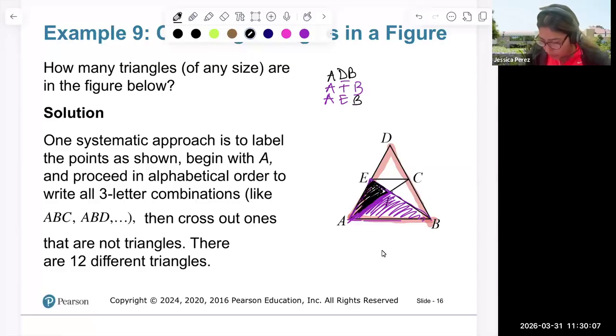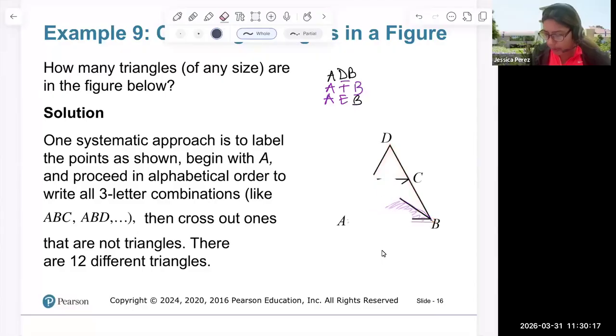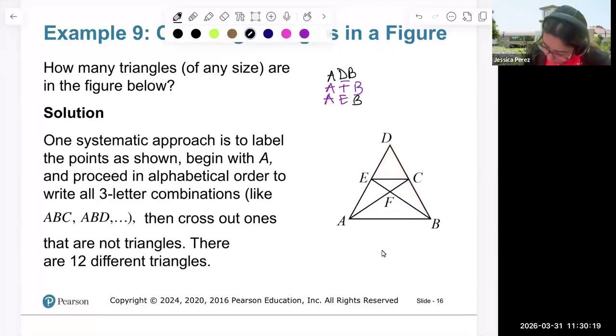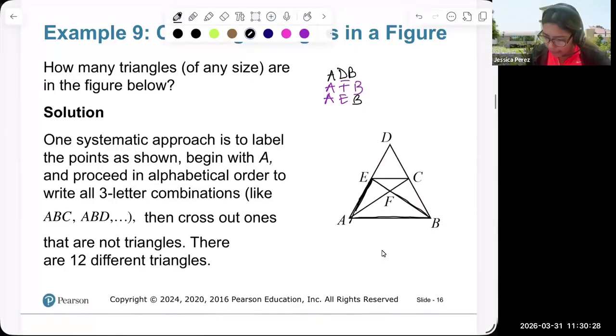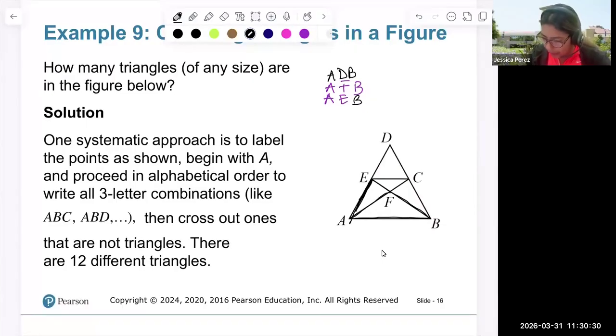So we have two pieces. So we have A, E, B, that big one. There's three in this triangle here, there's actually three of these. So you have this A, E, B, which is this one. And then we have A, E, F, so we kind of cut it in half.